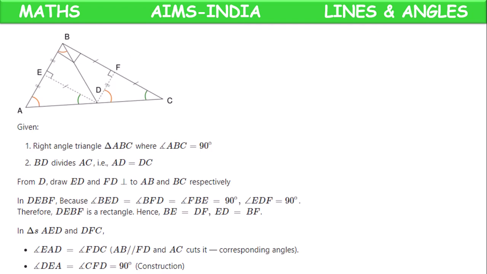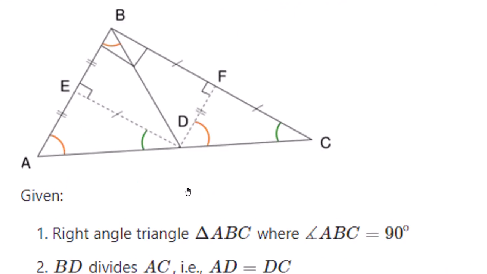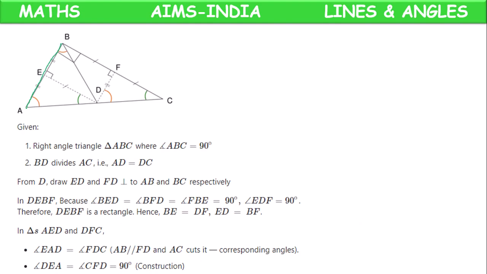They have given that D is the midpoint of AC of right angle triangle ABC, where angle B is the right angle. So AD equals CD. We have to find the value of BD, how much this length is.